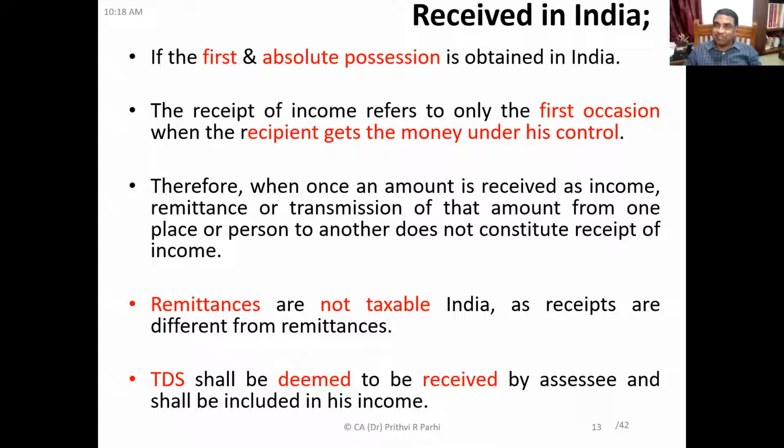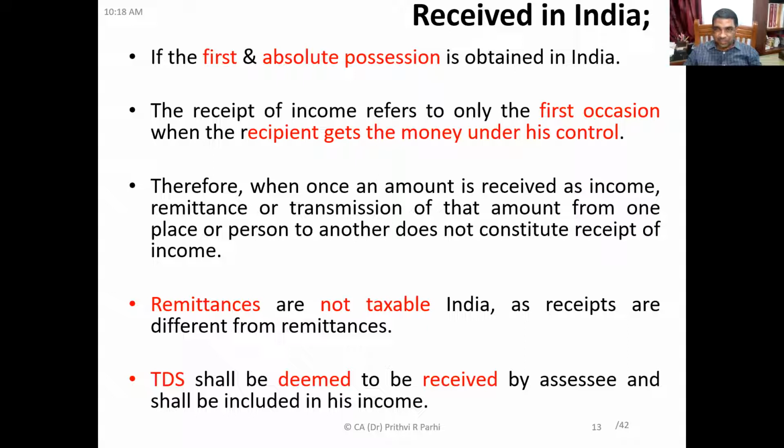Subsequently, what happened was remittance. So income is received in the US and it is remitted to India. So remittance is not an income. Did you understand? Yes, sir. Clear to you? No query so far.